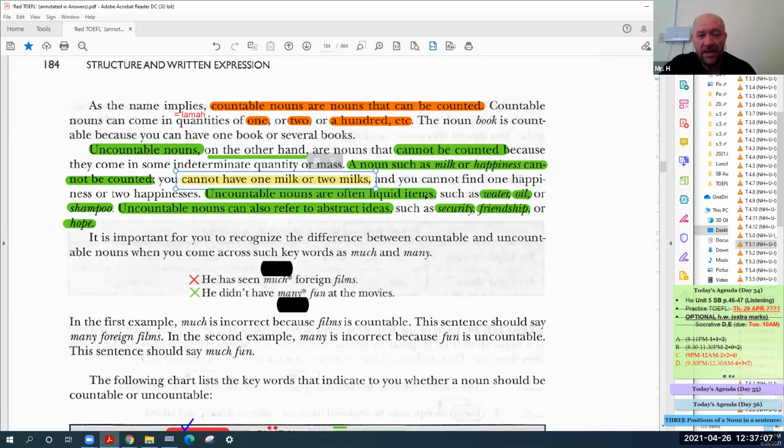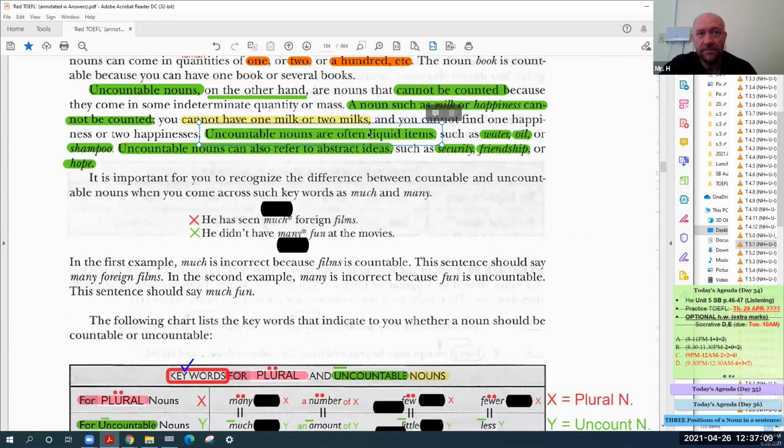All right. And then Abdul Majid, continue. Uncountable nouns are often liquid items, such as water, oil, or shampoo. Uncountable nouns can also refer to abstract ideas such as security, friendship, or hope. Do you know this word, abstract?